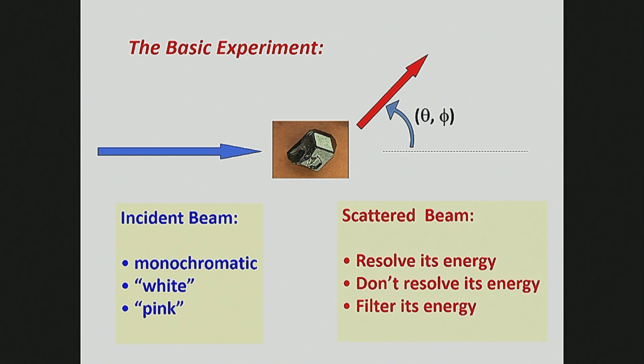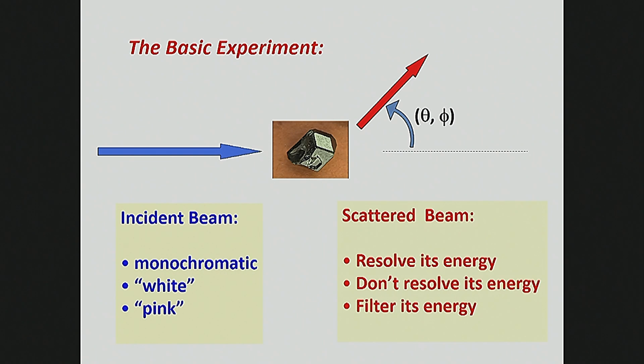So I want to know the relative fraction of the neutrons that scatter off in all these directions. And once I've determined that, then I want to know, is there some particular energy dependence? Is there some energy spectrum to the neutrons that are going in that direction, and is it different from the neutrons that are going in this direction, and so forth? So that's the sort of thing that we want to do.